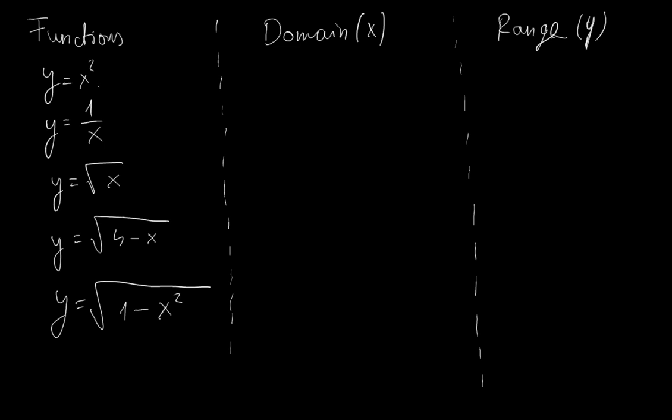Now let's start with y equals x squared. The formula y equals x squared gives a real y value for any real number x, so the domain is from minus infinity to plus infinity.